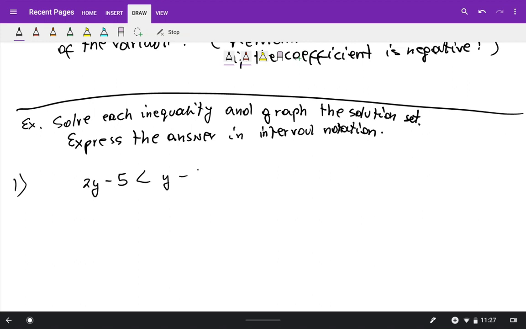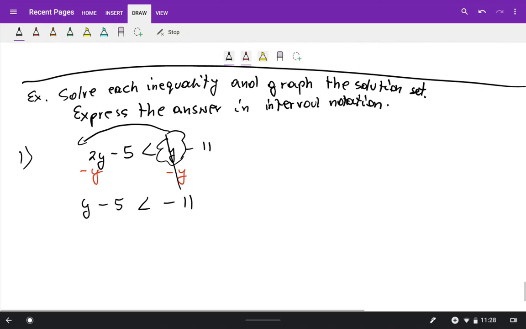So first thing you want to do here, you want to bring y to the left side, like with the equations. Since you have positive y, you're going to subtract y from both sides. So we have 1y minus 5 less than negative 11. We keep the same inequality symbol.